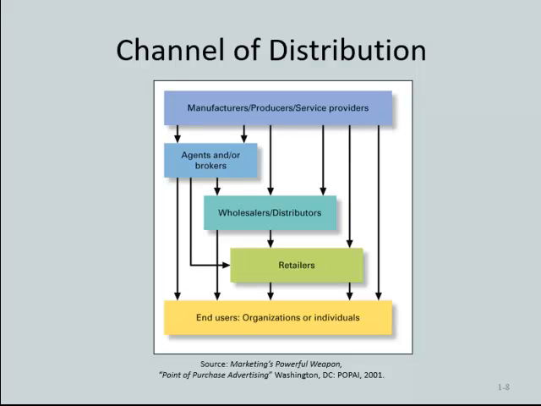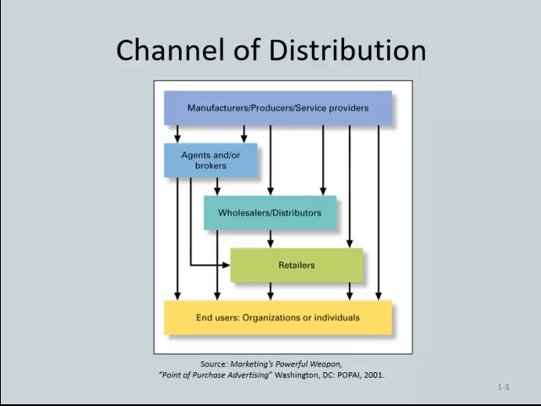Now that farmer may make their eggs available in a retail location, so that retailer might have multiple types of farm produce and products available. Or the farmer may sell a larger quantity of eggs to a wholesaler or distributor, and they're sold to multiple retailers.